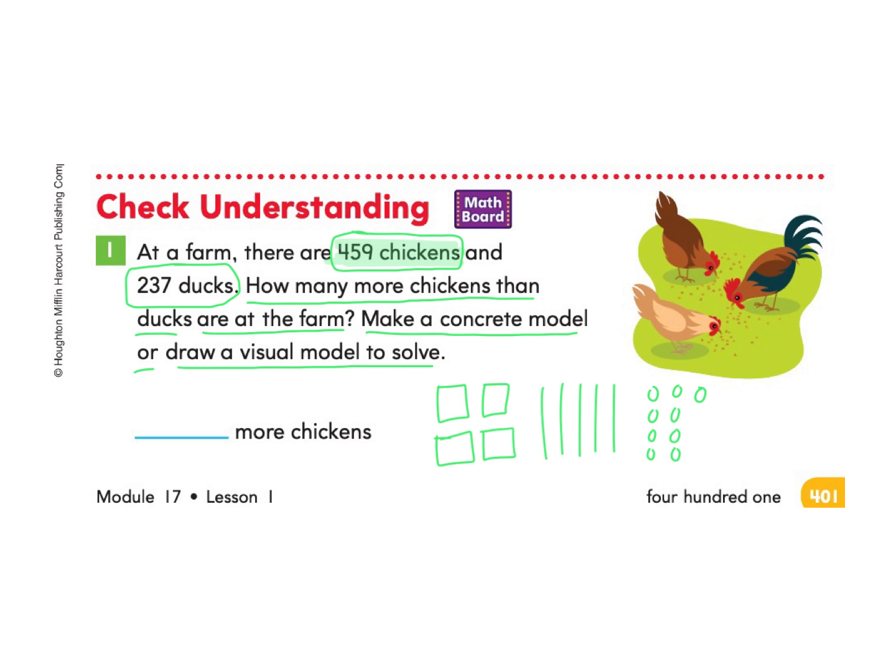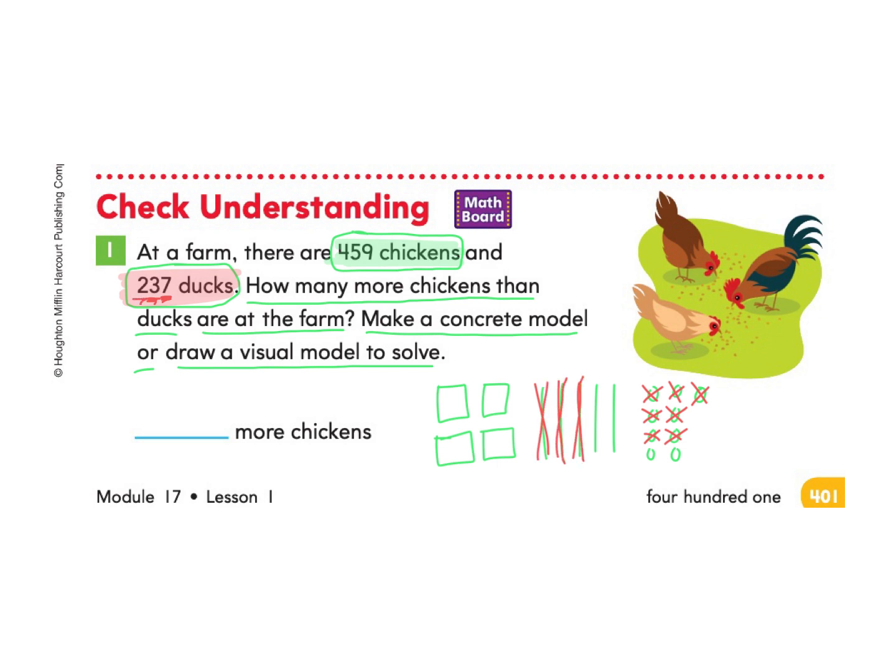Then I'm going to take a look at the amount of ducks. There are 237. We will start with the ones column, and there are 7. So we will X out 7 ones. Next, we will look at the tens column, and there are 3 tens, so we will cross off 3 tens.